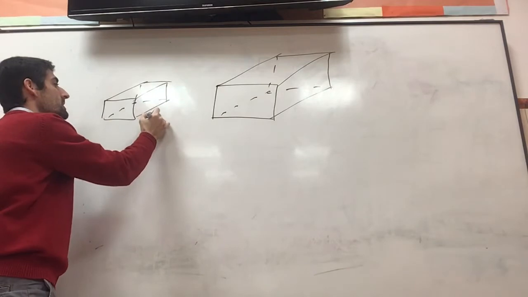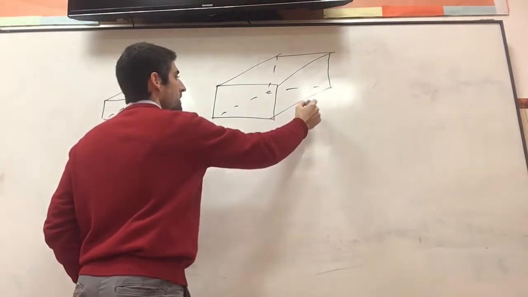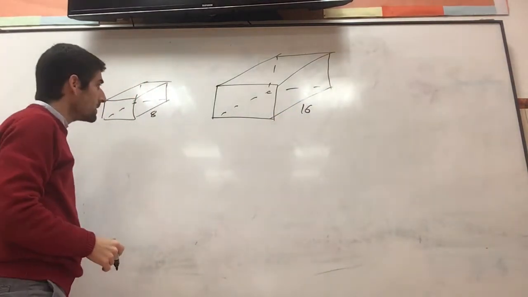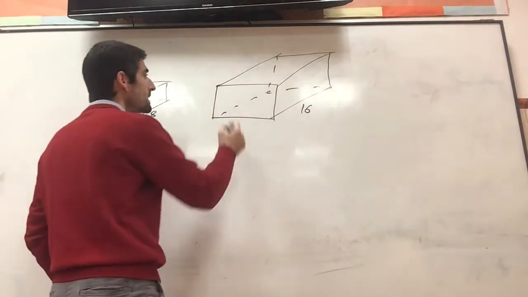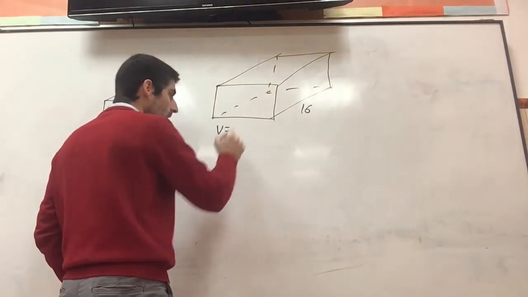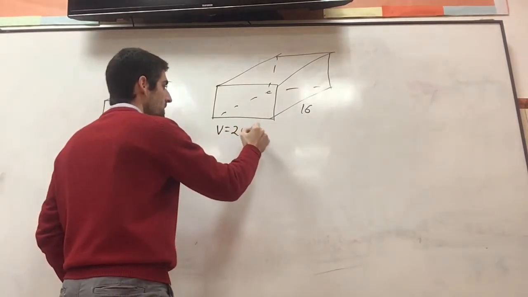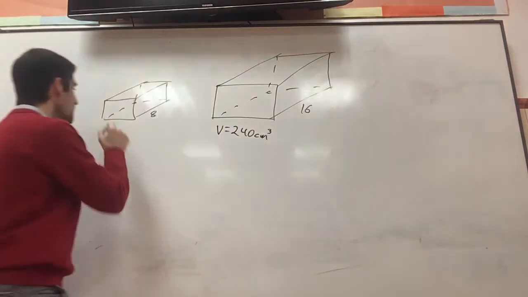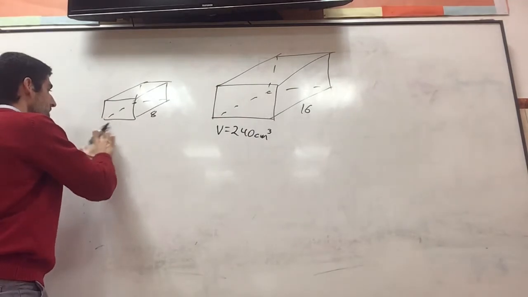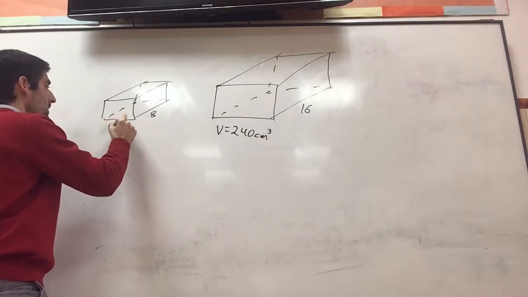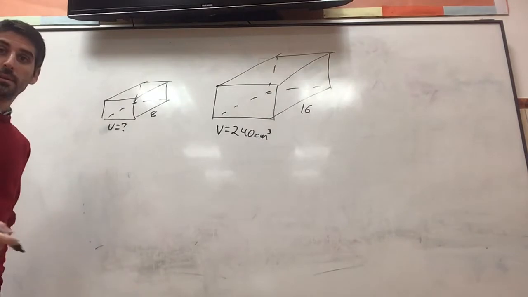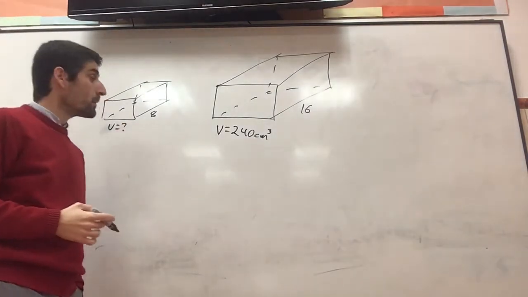Let's say this is 8, let's say this is 16, and let's do things the other way around. Let's say the volume of this cuboid is 240 centimeters cubed, and I want to find the volume of the smaller cube. So let's do it the other way around now.